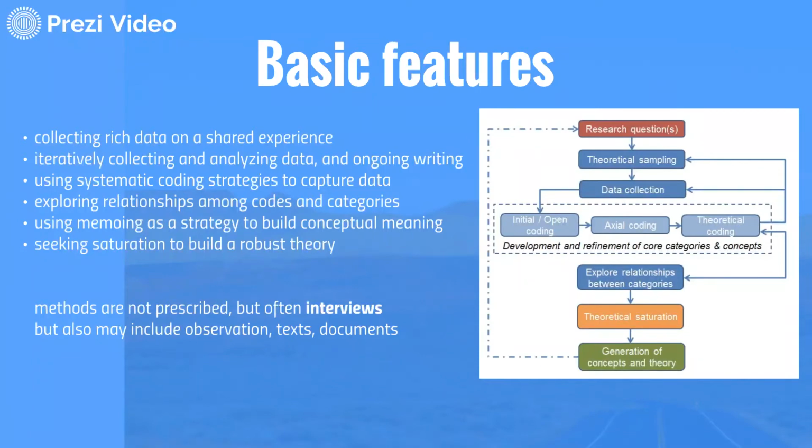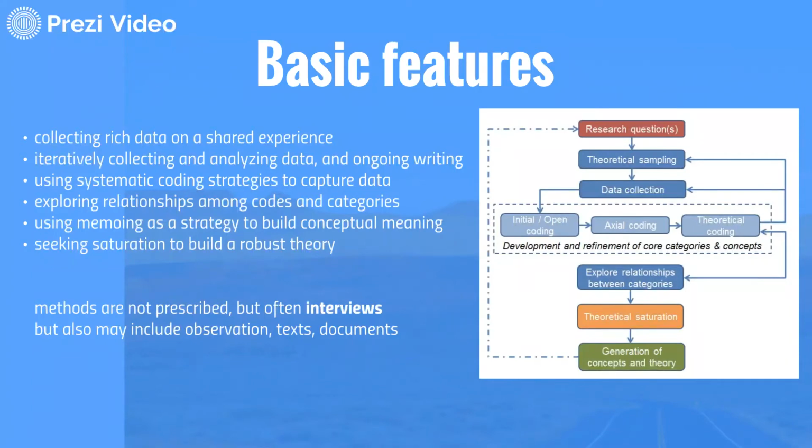So memoing, this writing process, is also key. As this iterative process of collecting and analyzing data is going on, the researcher's also writing about it, and those are referred to as memos. And the idea is that we collect and analyze data when we do grounded theory until we reach this point of what's called saturation, where we feel that the data does not reveal anything new, that we've challenged ourselves to look for alternative explanations and collected data to allow us to investigate those.